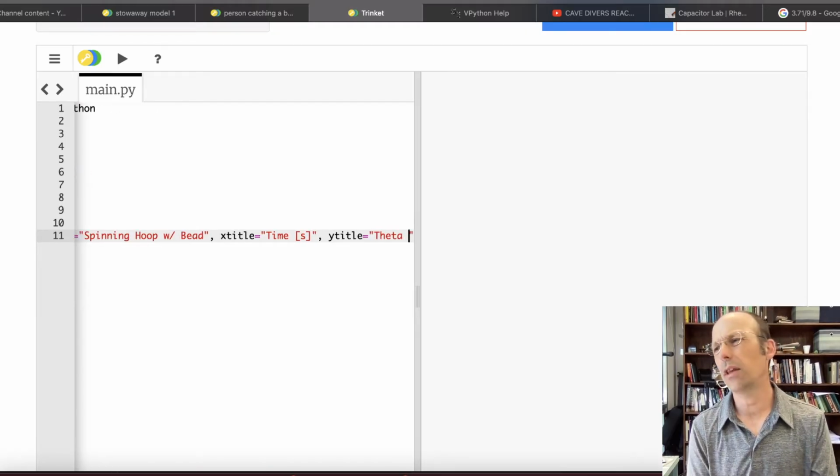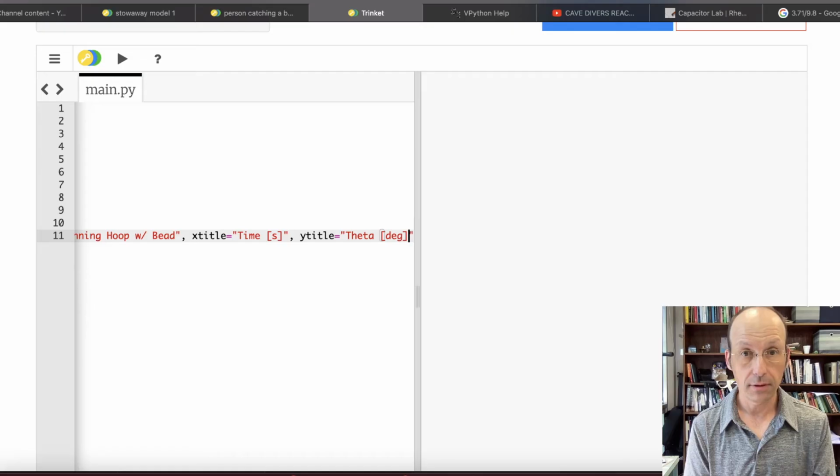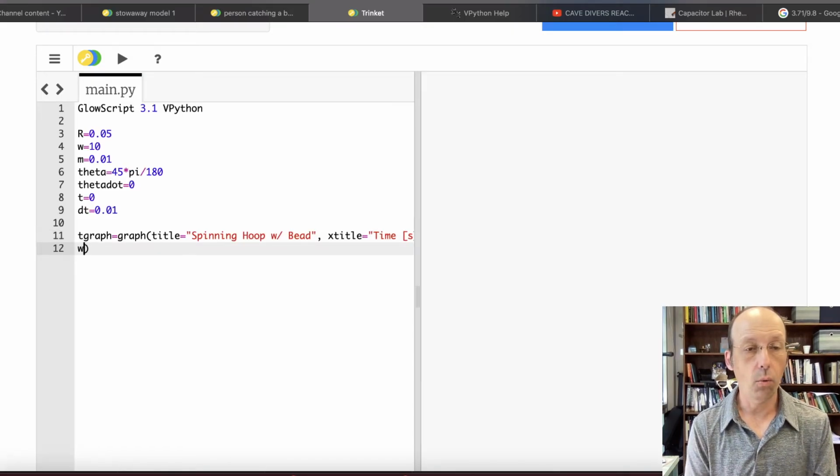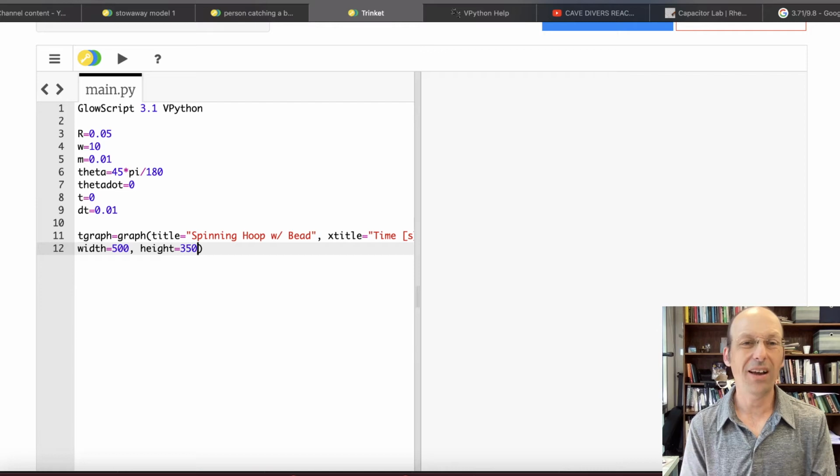Should we do theta in radians or degrees? I always feel like I think in degrees. Let's do degrees. And that's just a word, right? And let's do width equals 500, height equals 350. I find that when I run it, they'll resize the graph so it's easier to see and I don't have to scroll all over the place.